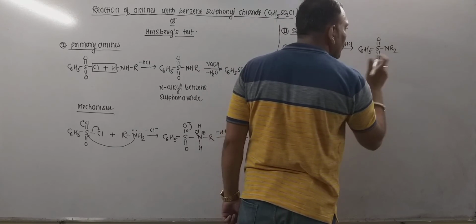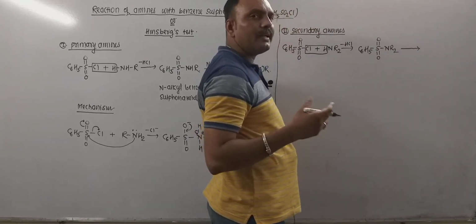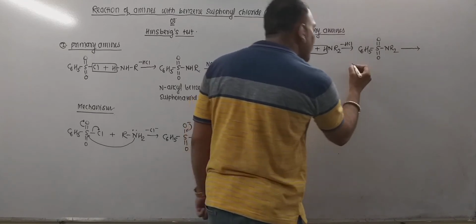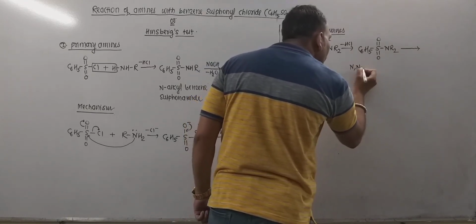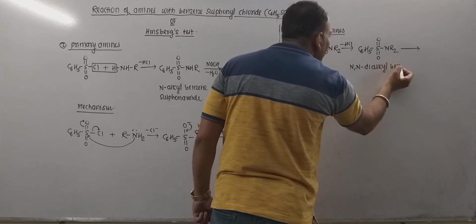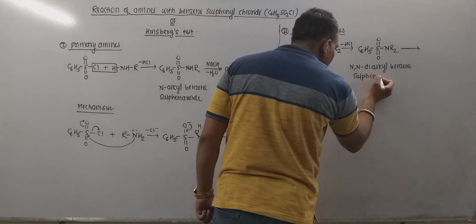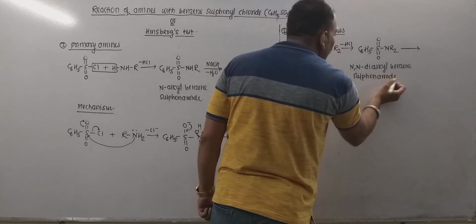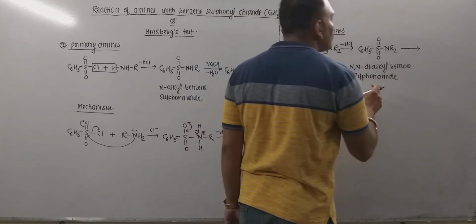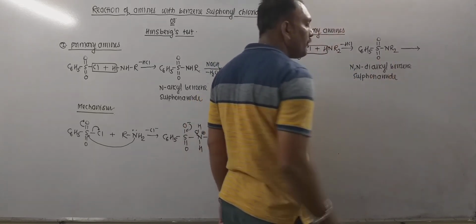Now look right here, there is no hydrogen on nitrogen, I mean it lacks. This is N,N-dialkyl benzene sulfonamide. So the product, that is N,N-dialkyl benzene sulfonamide, does not have acidic hydrogen on nitrogen.